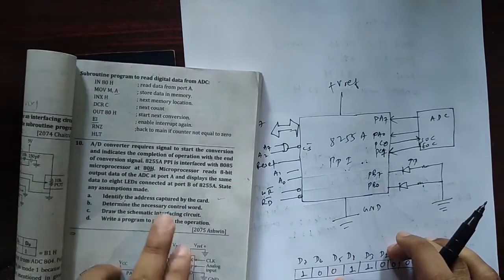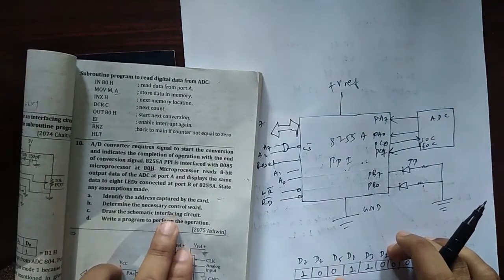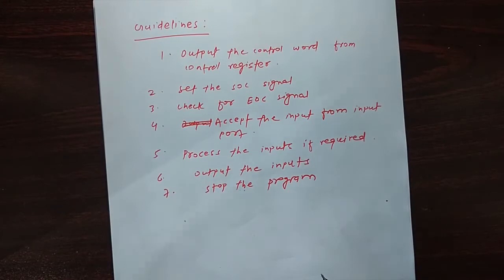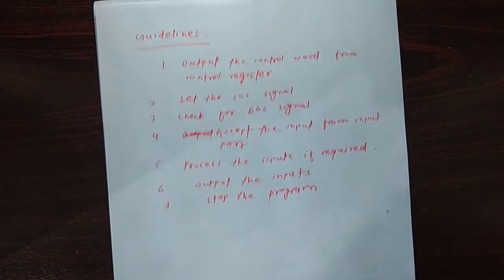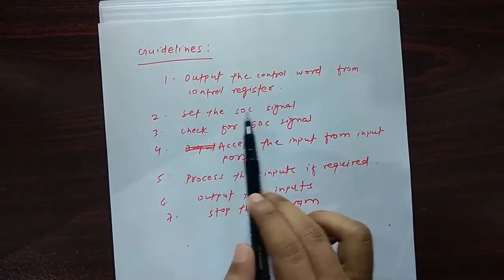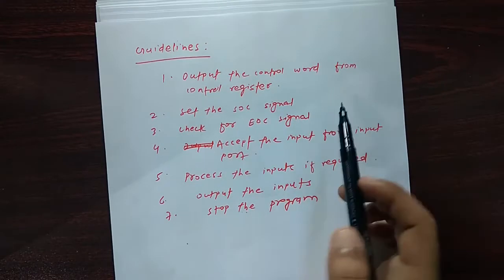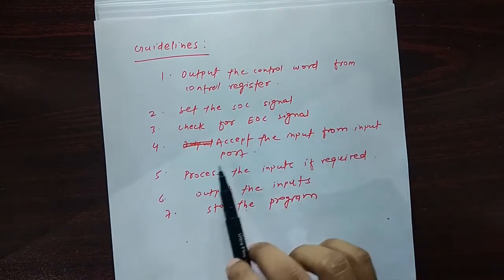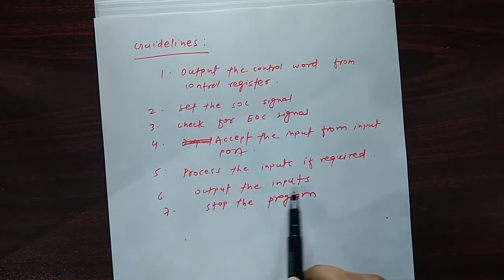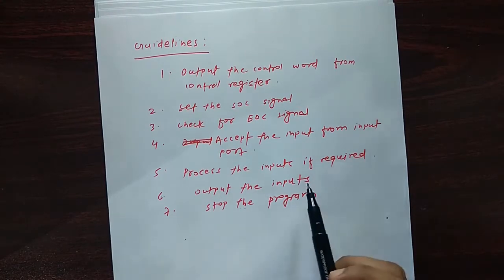Now we are left with only 1 question, and so let's do that. While writing a program, you can follow these guidelines in almost any problem. Output the control word from control register, set the SOC signal, check for EOC signal, accept the input from input port, process the inputs if required, output the inputs, and stop the program.